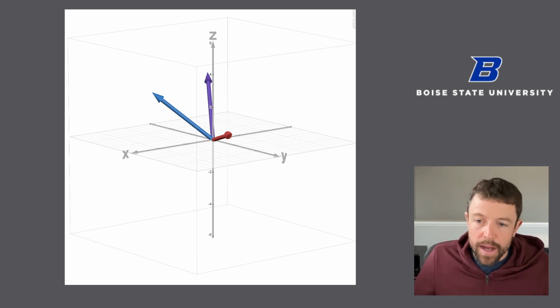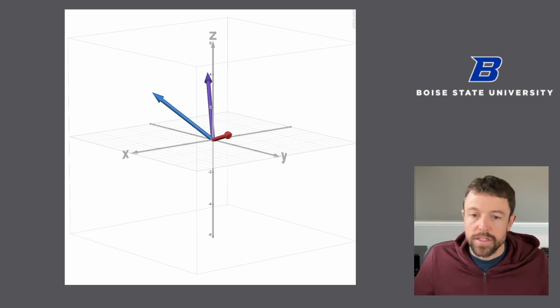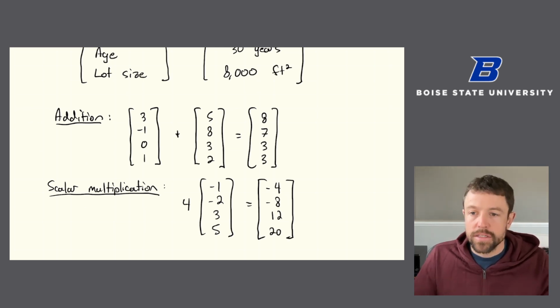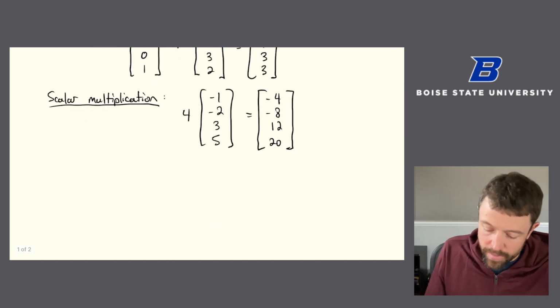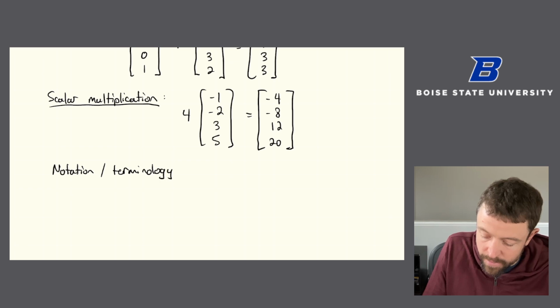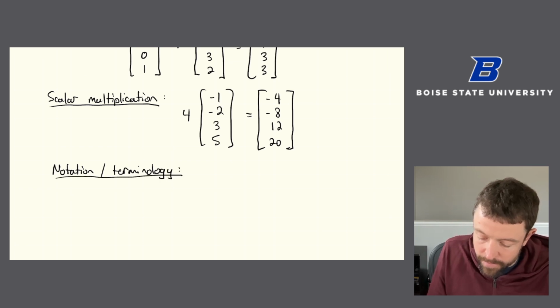All right, so I want to introduce a little bit of terminology, because as we're talking about more dimensions, I want some notation for this. So, just some quick notation and terminology.